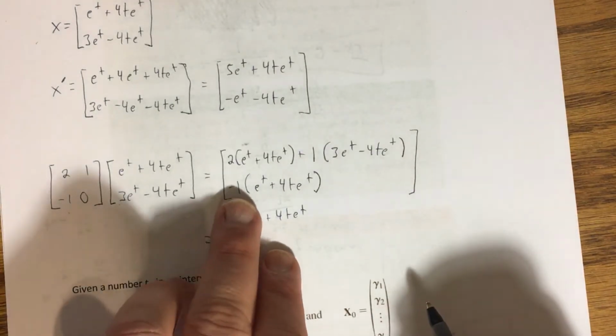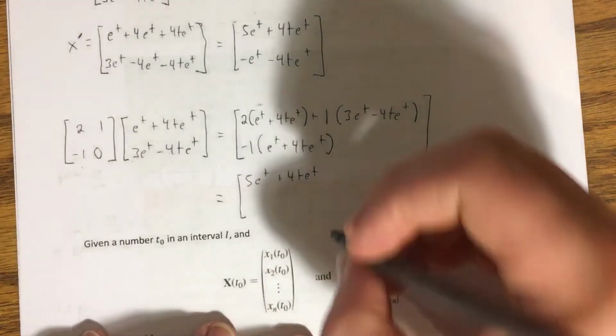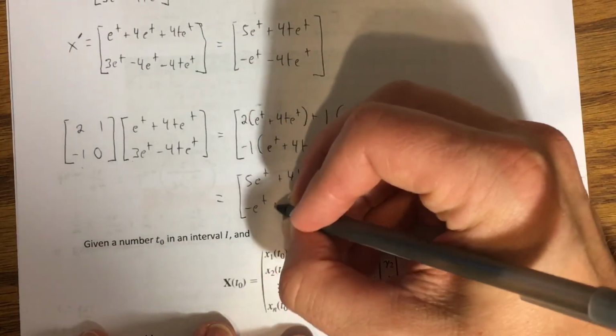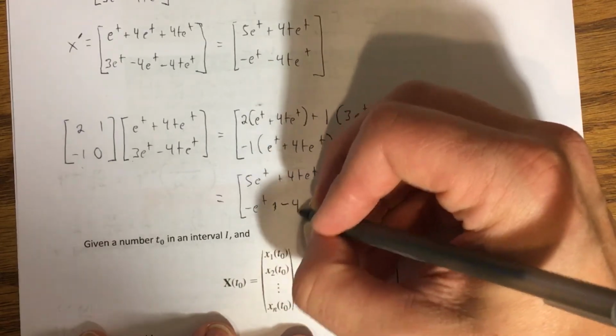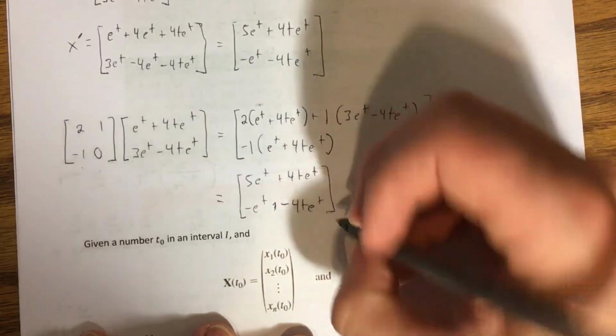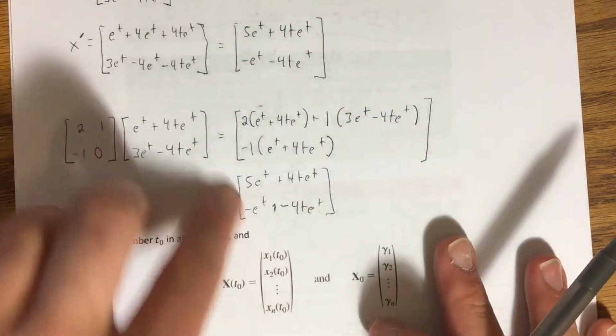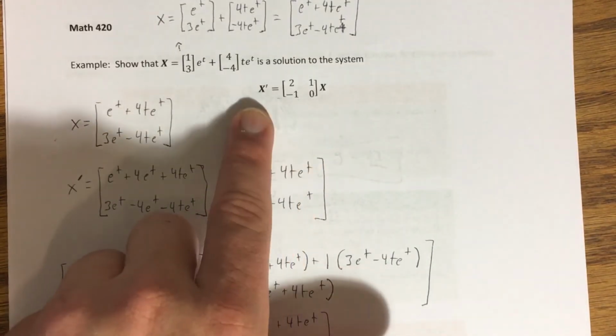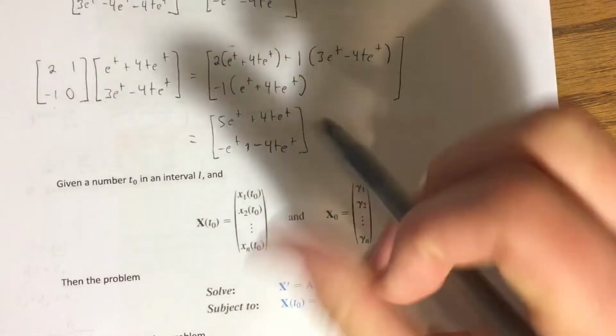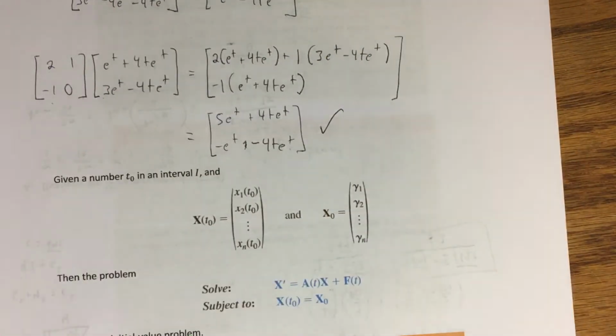And then here, just distributing the minus 1 in is going to give me negative e^t minus 4te^t. And notice that this matches x prime, which shows that the right-hand side of this equation equals the left-hand side of that equation once I do that substitution. Okay? So that worked out pretty nicely.